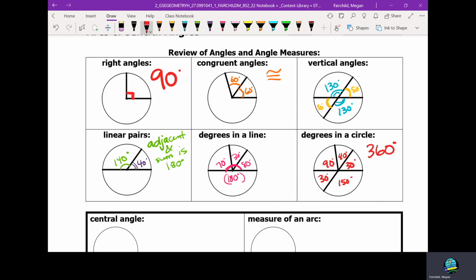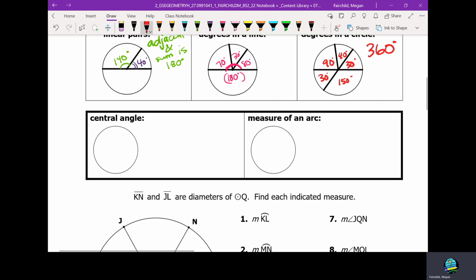Okay? All right, a central angle is going to be an angle whose vertex touches the center of the circle. I'll write it down. An angle whose vertex is at the center of the circle.